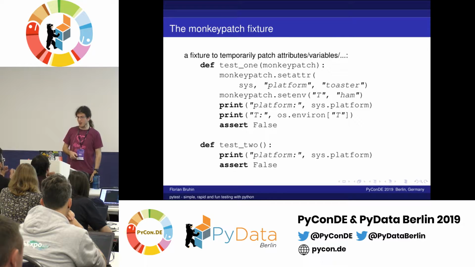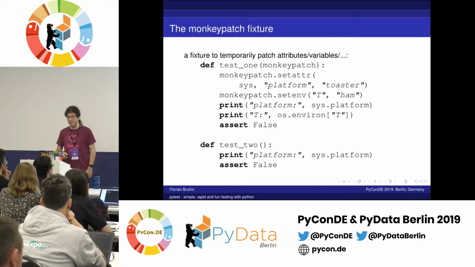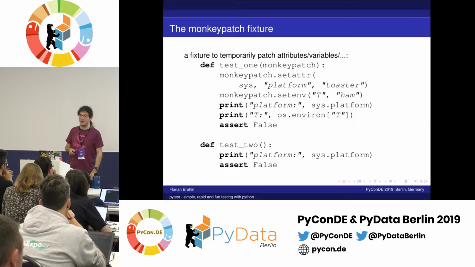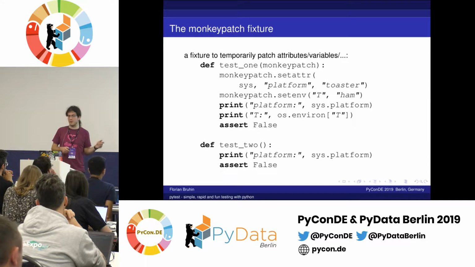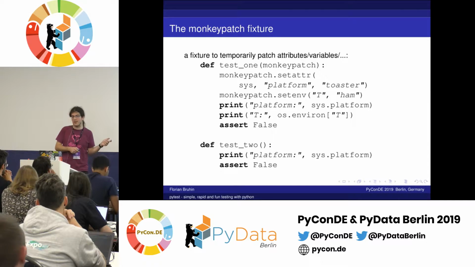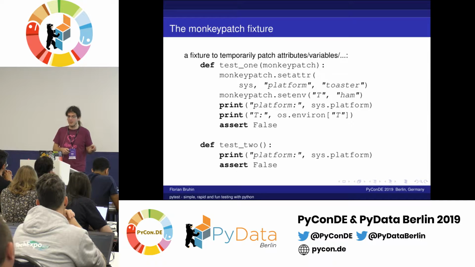Then there's the monkeypatch fixture, which you can use to patch things away. Like I said before on the dependency injection slide, sometimes there are better measures, like passing in some object instead of creating it. But sometimes it's okay to patch things away.